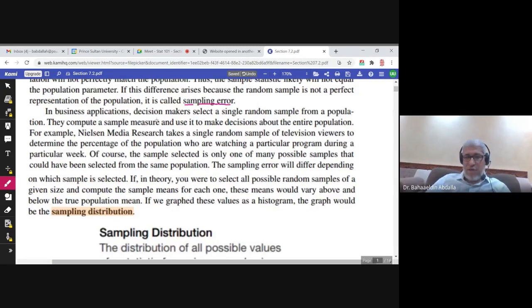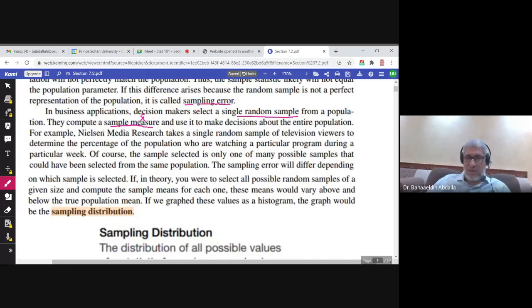In business applications, decision makers select a single random sample from a population. They compute a sample measure, like what? Like the mean, like X bar, for example, and use it to make decisions about the entire population.